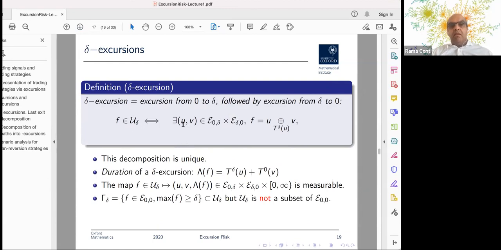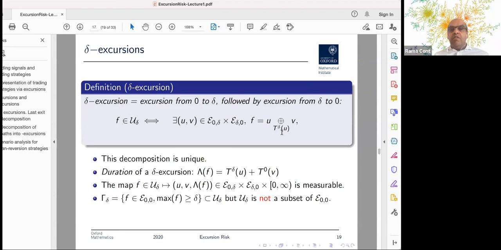It means that there is a path U, an excursion from 0 to delta, we call them E0 delta, and then I have V, an excursion from delta to 0, and I paste them together at the first time when U reaches delta. So U goes from 0 to delta, and when it reaches delta, I start V, and V takes it back to 0.